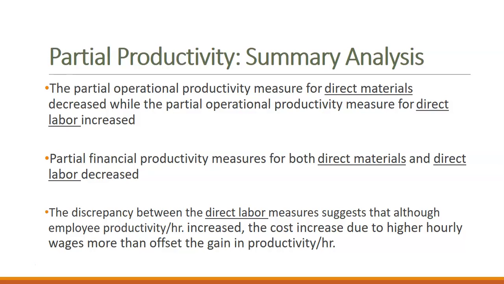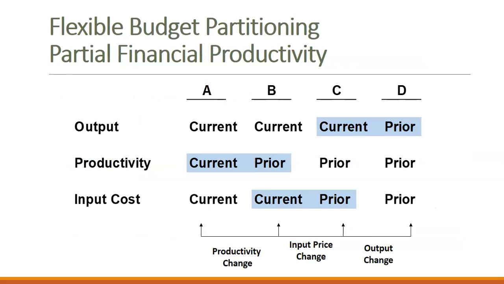When we're looking at those productivity changes, we have current and prior years that we're comparing for those productivity measures. Point A is the actual operating results of the current year. And then B is the cost of the actual figures.